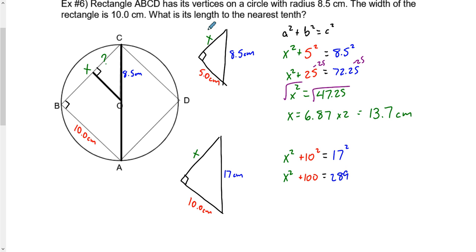Yep. Subtract 100. So x squared will be 189. And if you take the square root of it, lucky, it's still 13.7 centimeters. Two ways, get the exact same answer.